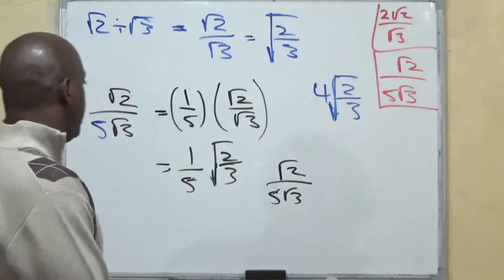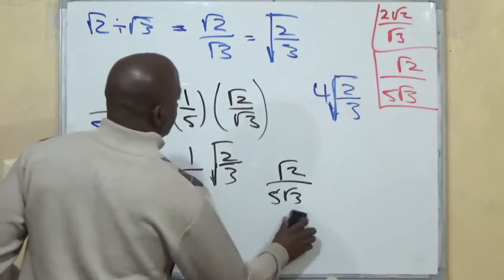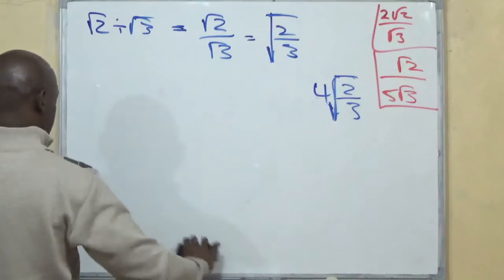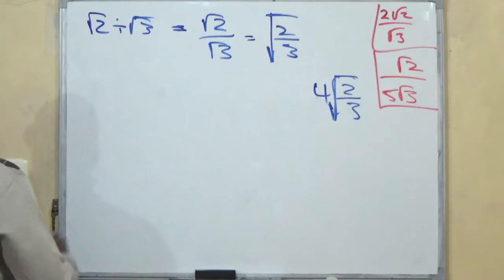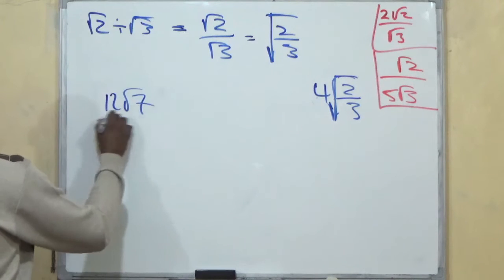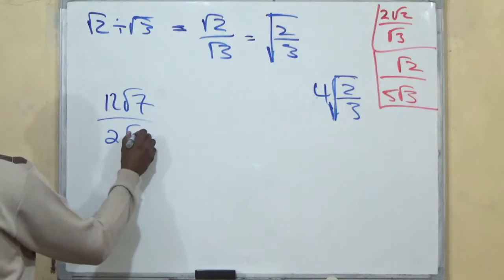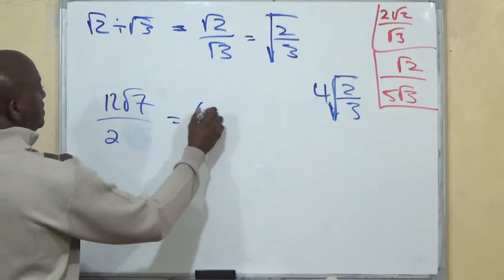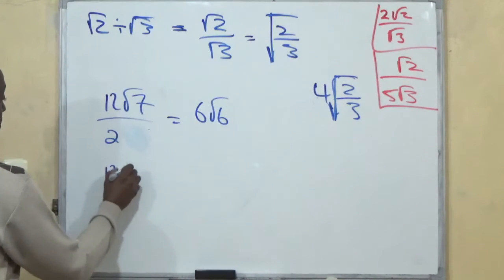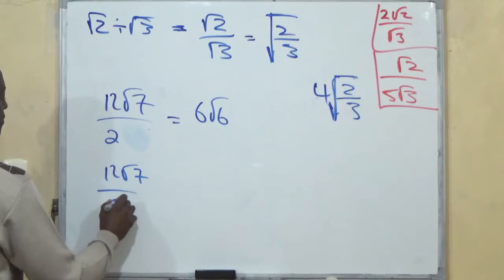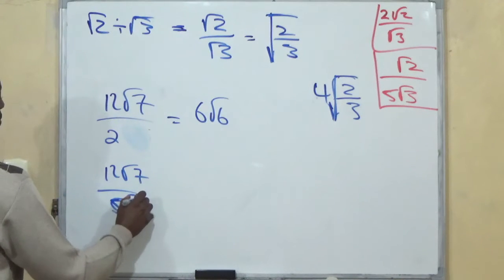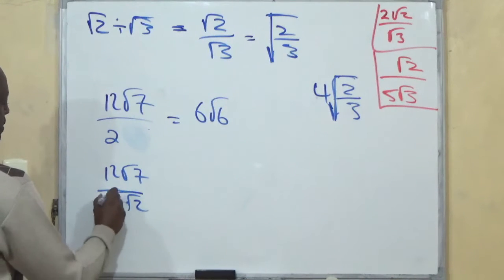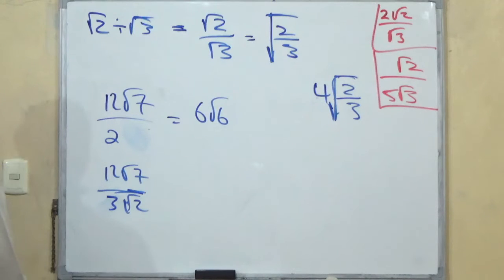So, for example, if we had 12 root 7 over 2 root 5. Let me say 12 root 7 over 2. 12 divided by 2 is 6. That would just be 6 root 7. If you have 12 root 7 over 3 root 2, right?